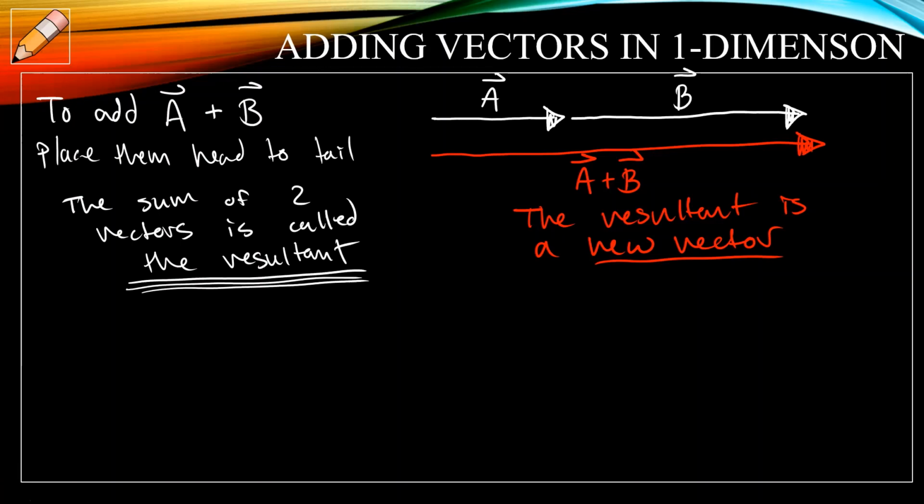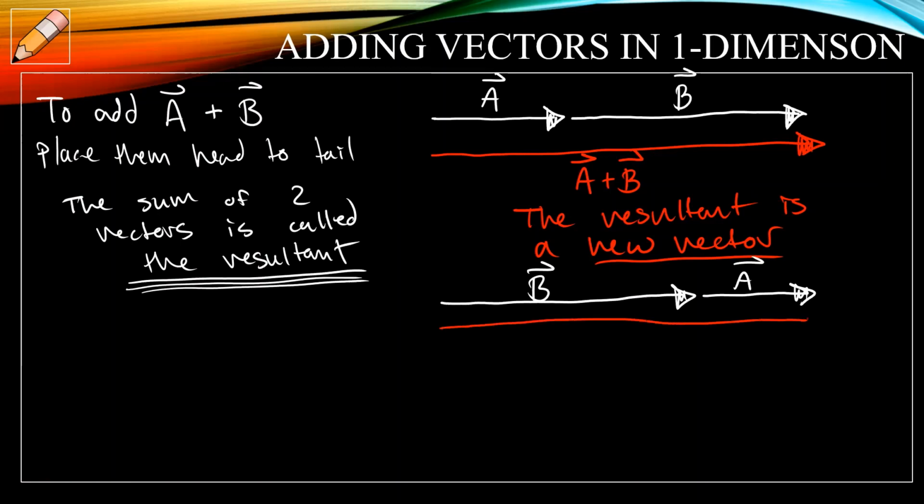What I mean by that is if I wanted to add B plus A, then I would place B down first, and then I would place the tail of A at the tip of B, and then my resultant would be what I get when I go from the tail of B to the tip of A. So this would be the vector B plus A. But notice that A plus B and B plus A end up being the same thing, right? You end up having the same size and the same direction.